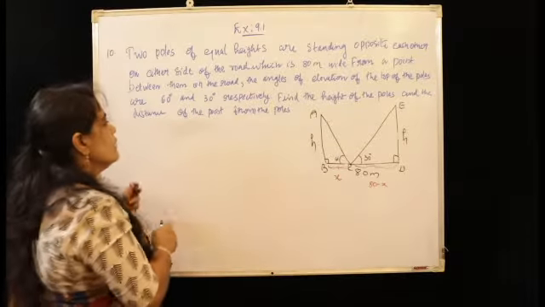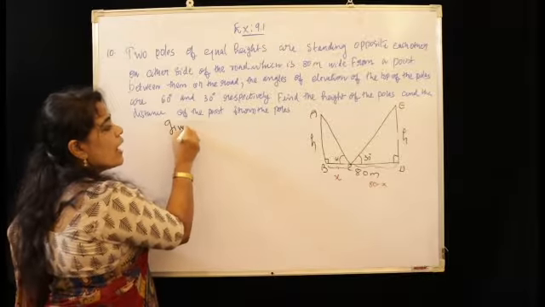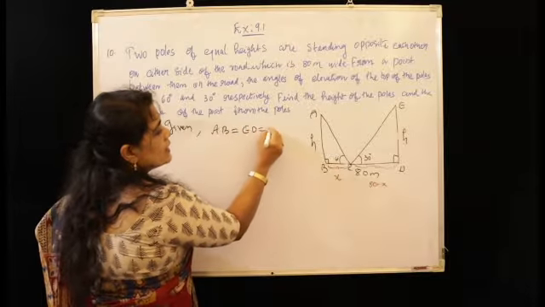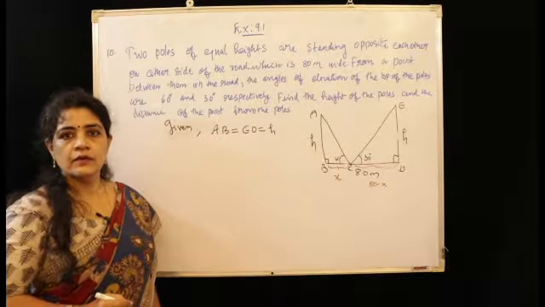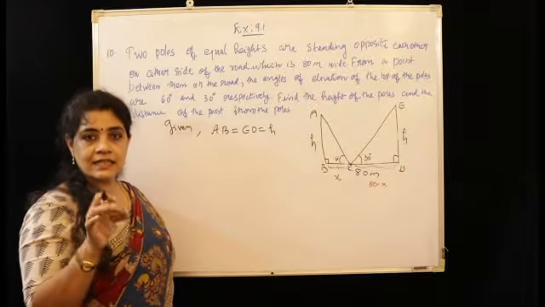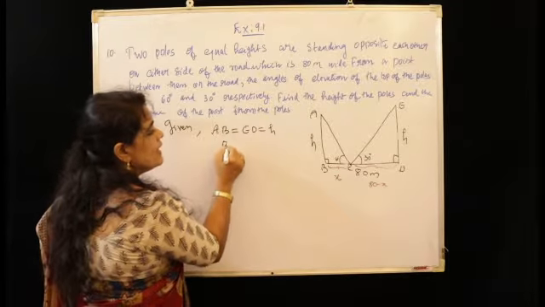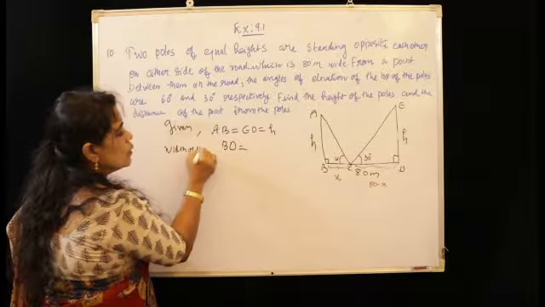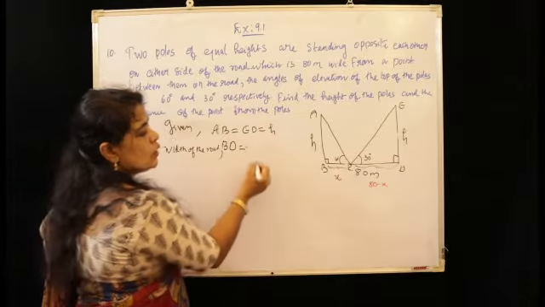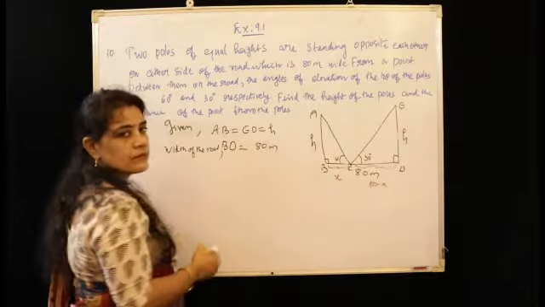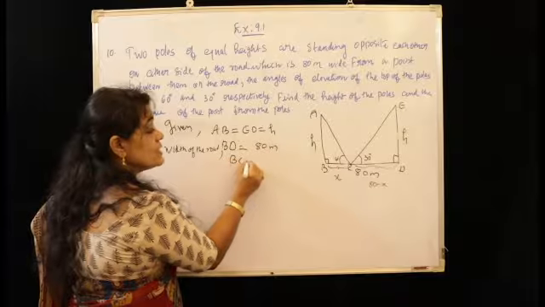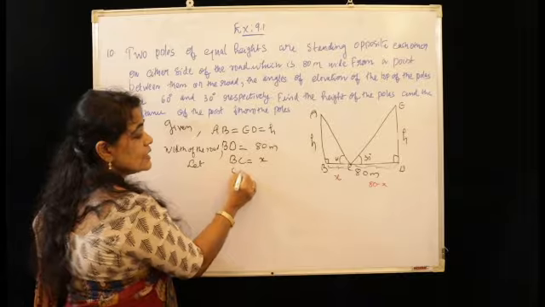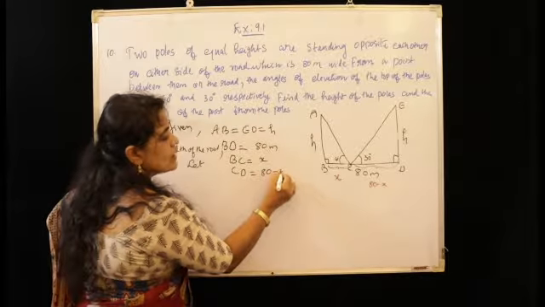Given the poles are of equal height, that means AB equal to ED, and we have taken that height as H. Since the total distance is 80 meters, BD equal to the width of the road, BD equal to 80 meters. So let BC be equal to x, then CD equal to 80 minus x.